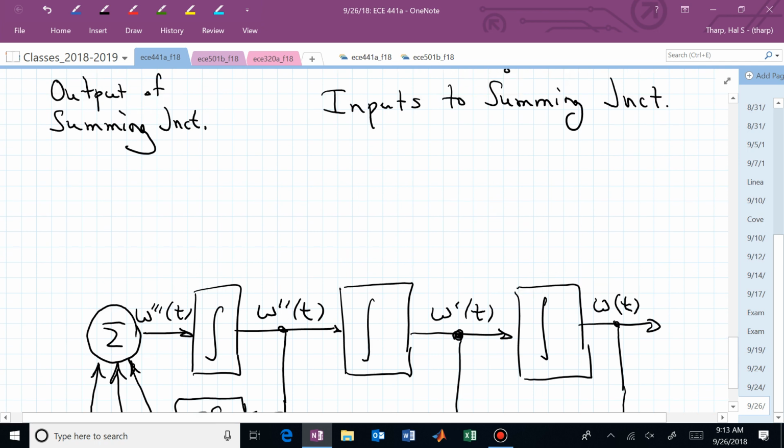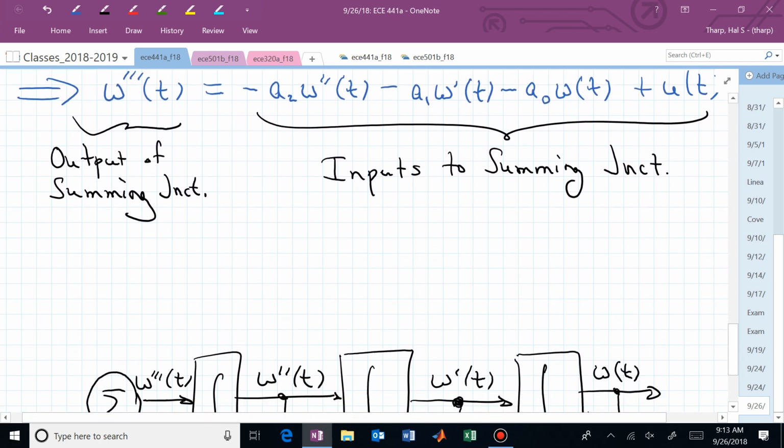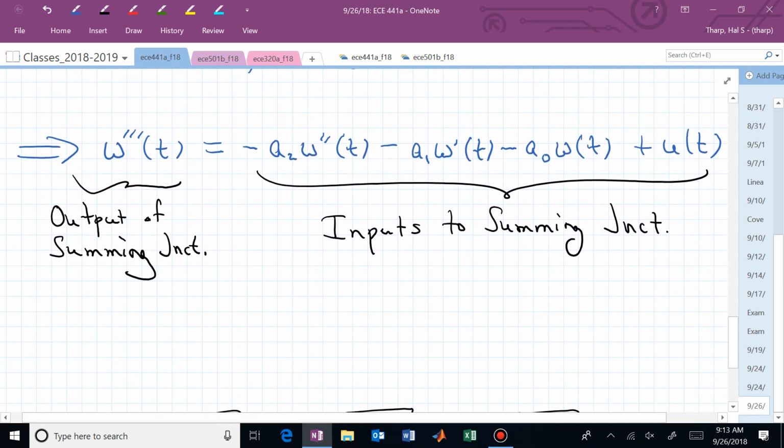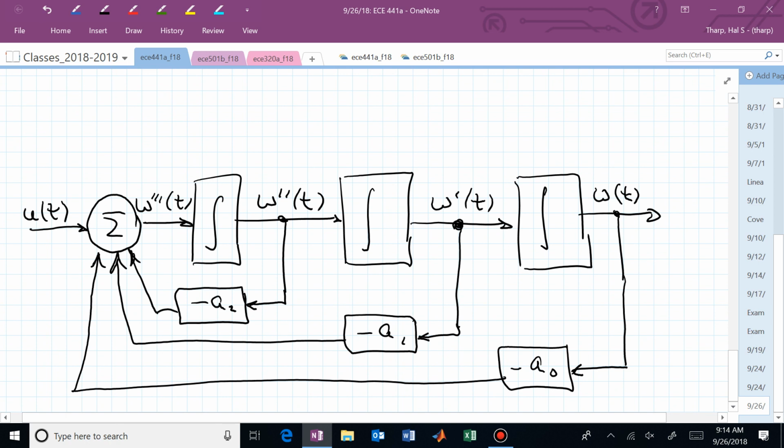And again, I can't forget that input u of t that needs to also be inserted. And there's my all-integrator block diagram that will produce or solve this third-order differential equation. You give me a u and these a's, and I can solve that differential equation through this all-integrator block diagram.